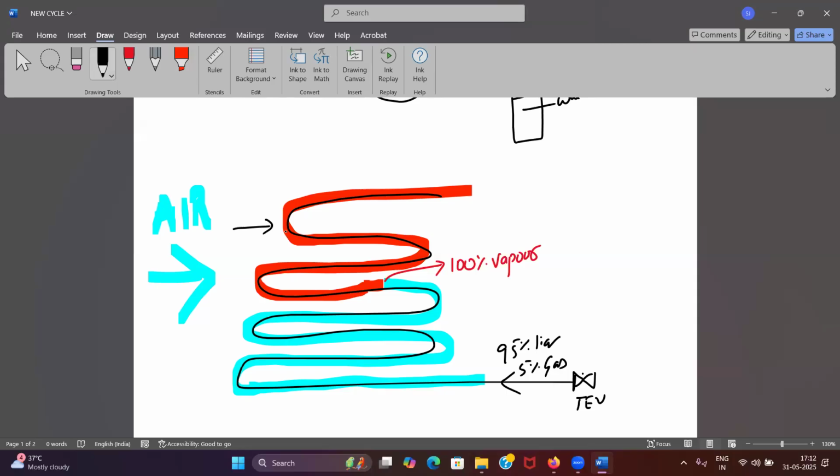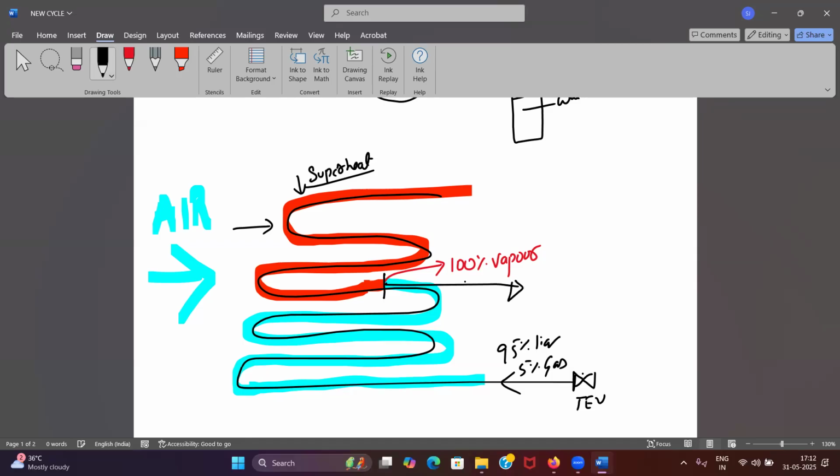But we consider this as superheat because it is above the saturation temperature. Just say that after liquid has changed to 100% vapor, whatever coil is now doing heat exchange will act as superheat.